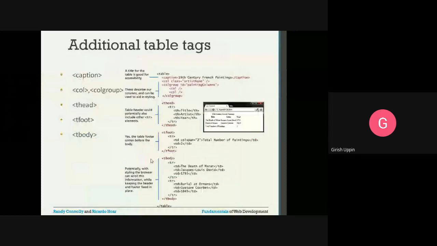These are the additional table tags that we can use. A caption, a title for the table, is good for accessibility.